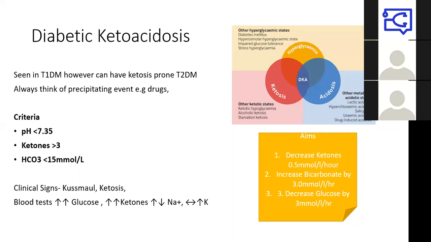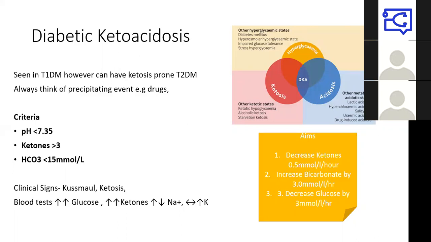Now, in terms of classical blood tests and what you may find, you will find that the patients will often have high sugars, and we usually expect the sugars in this context to be slightly lower than those you would encounter in patients with HHS, or hyperosmolar hyperglycemic state. They can usually be over 35. Here, you would definitely expect them to be at least over 15, over 20.